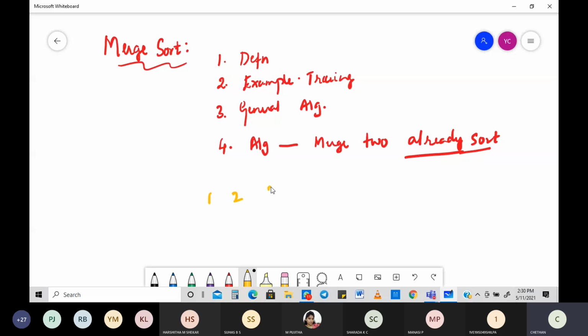These are already sorted. How are we going to merge this one with this one and form the new one, which is nothing but 1, 2, 3, 4, 5, 6, 7, 8? This is what you are going to study, and for that you have one more algorithm that you are going to study.